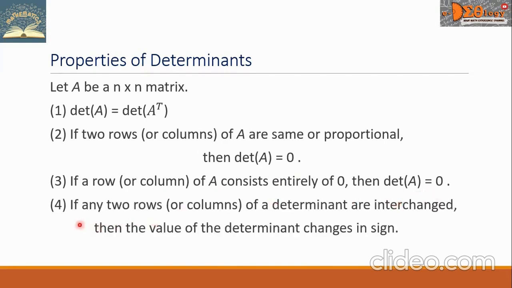Number 4: if any two rows or columns of a determinant are interchanged, then the value of the determinant changes in sign.